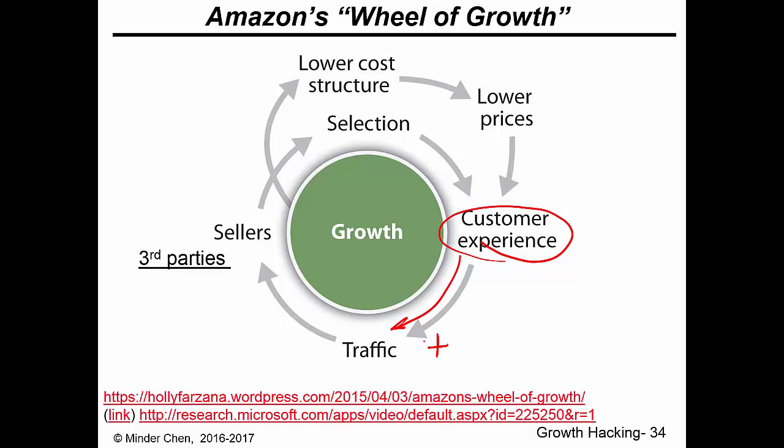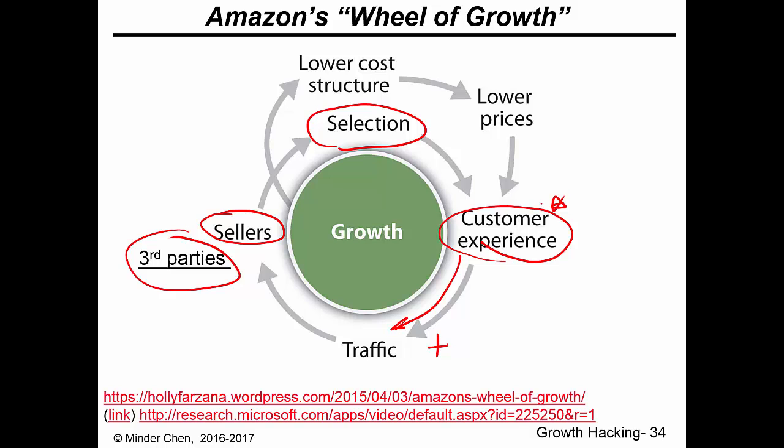With a lot of traffic, Amazon also opened its platform to allow third parties to sell products and services, particularly through Amazon's e-commerce platform. When more sellers participate in this e-commerce platform, Amazon tends to have more selection, which in return makes it very attractive to users to come to the platform.